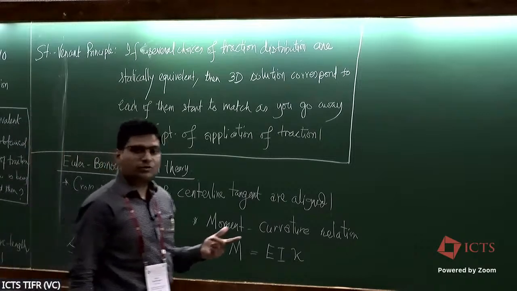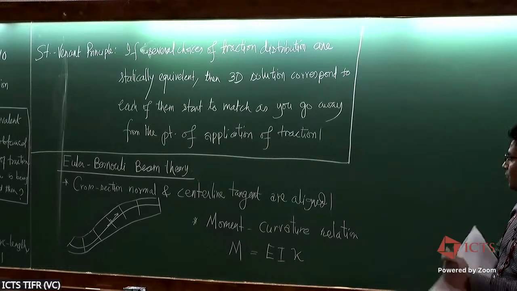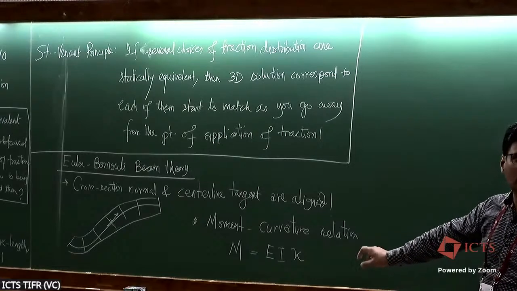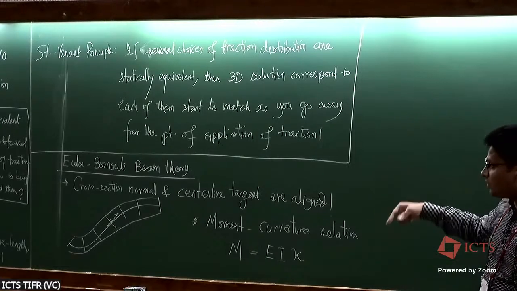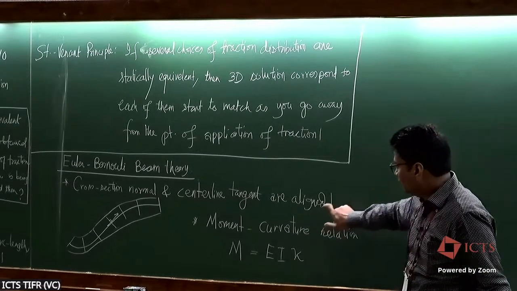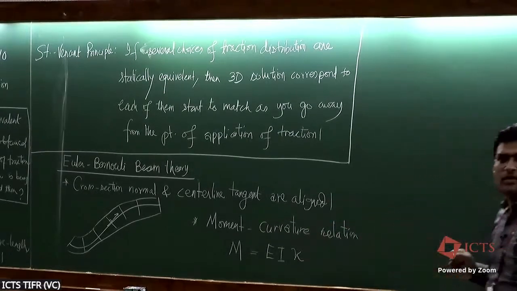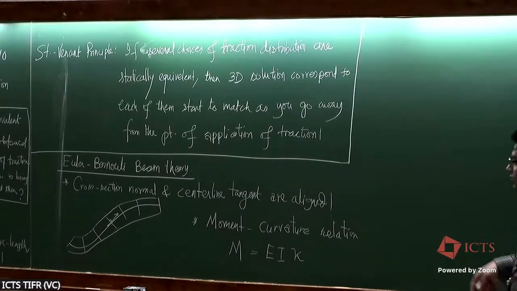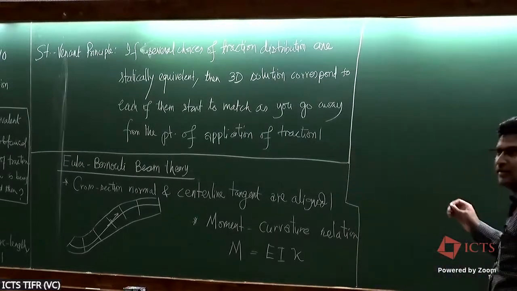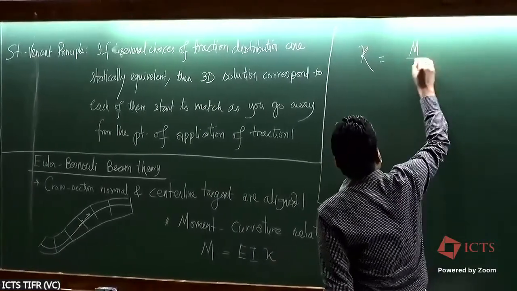When your beam is made of softer material, let's say rubber, and you put a very large curvature in the beam, then this linear relation does not hold. But the Euler-Bernoulli beam theory is based on this assumption also. One was this, and the second is that your moment curvature relationship has to be linear. You'll see how we put in more and more assumptions. So this means your curvature K is M by EI.